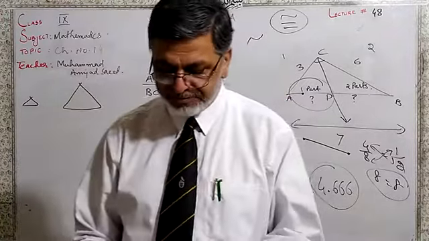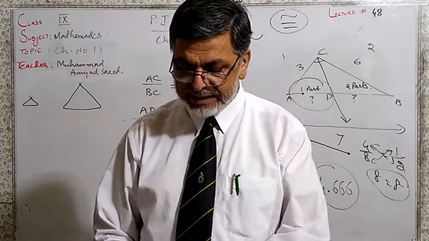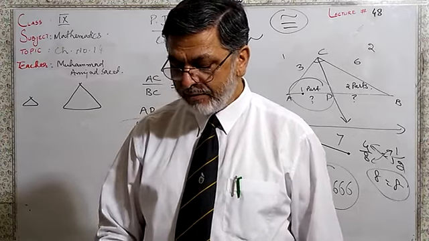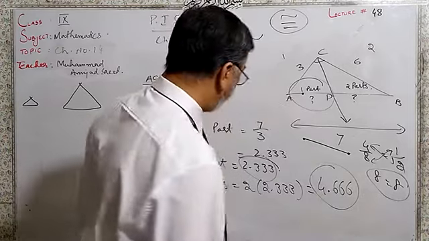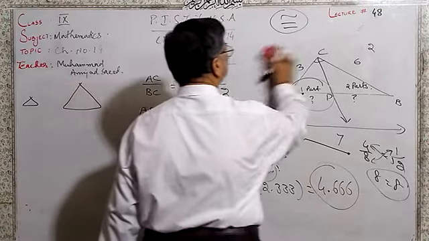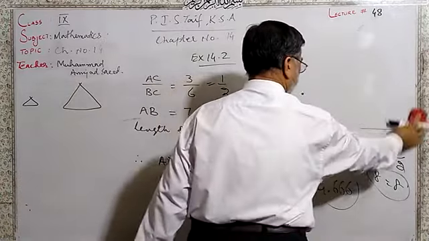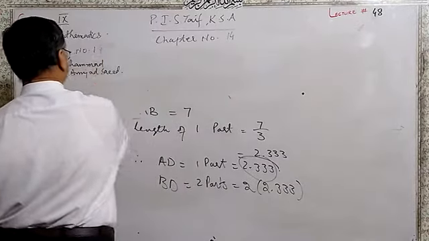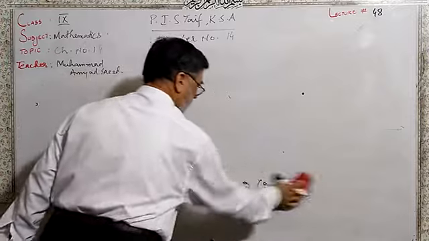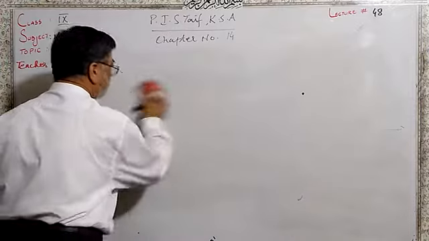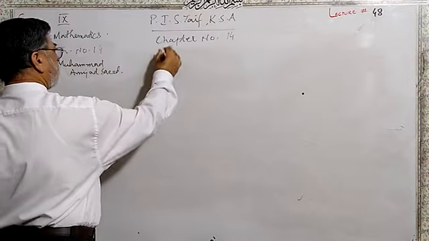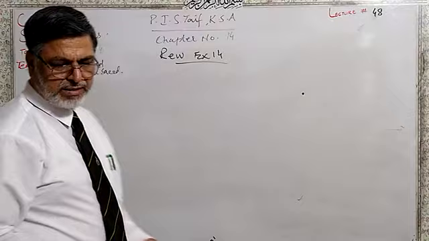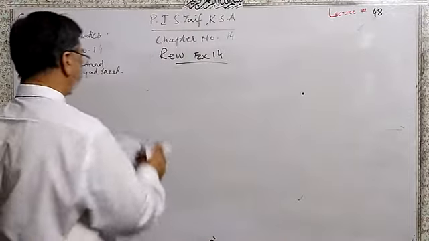14.2, question number 2. After that, question number 6, in isosceles triangle PQR, find the value of x and y. Here we have review exercise 14, question number 6.